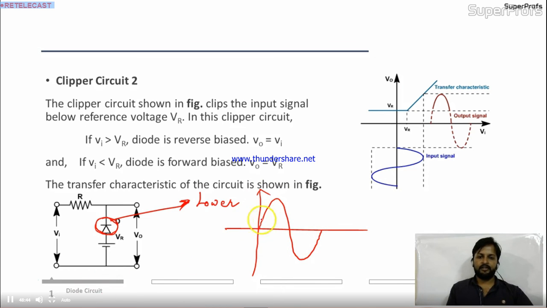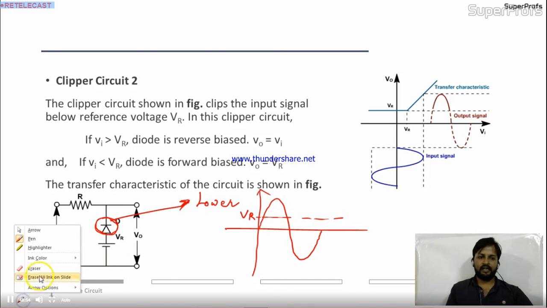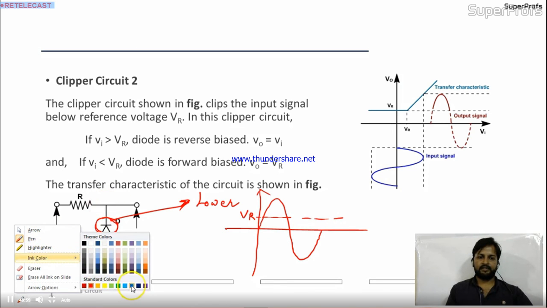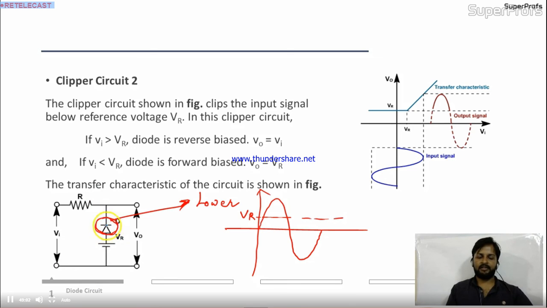Draw the Vr also, on the waveform. Now see, the diode you are seeing from this terminal, you are seeing the negative terminal of the diode. Negative means you have to remove all values below Vr, and you remain with this. The values below are gone.